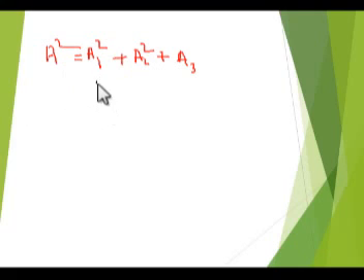So this is the coordinate plane, and this is the projection of the area on the yz plane. This is the projection of this area onto the xz plane, and this is the projection onto the xy plane.